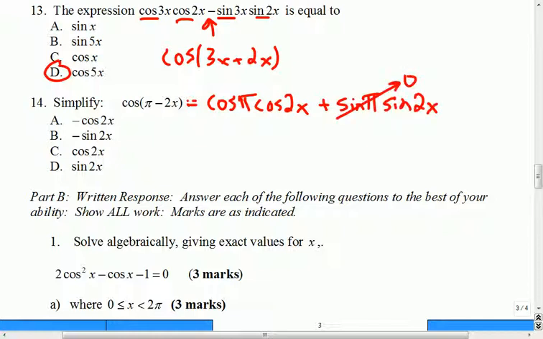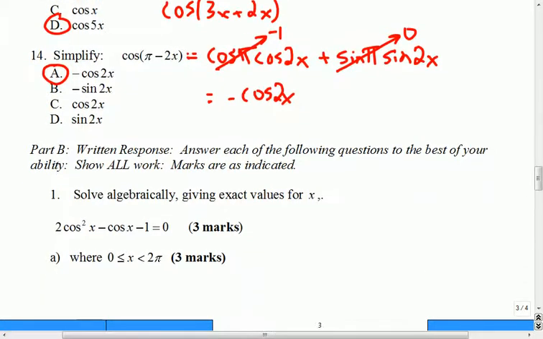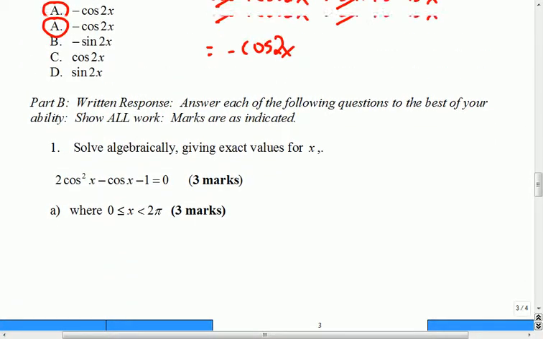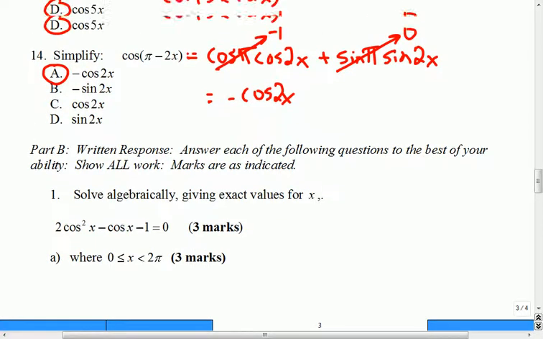This is 0, and this is negative 1. So I end up with negative cosine 2x. Sine disappears because sine of pi is 0, so that whole term would disappear.